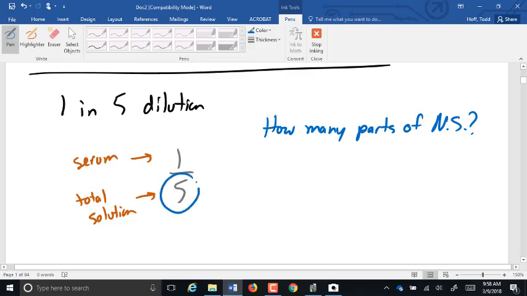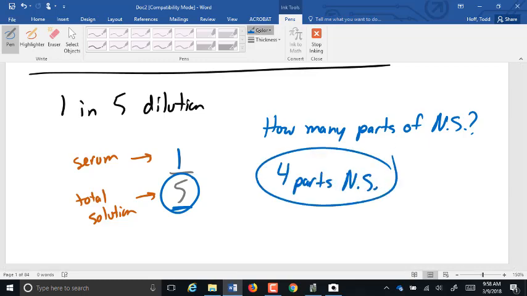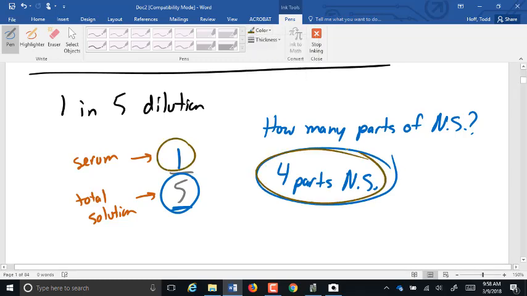If there's 5 total parts, and 1 of those parts is serum, there's 4 parts. You got it. 4 parts of saline. Those have to add up. The parts of serum and the parts of saline have to add up to the total.